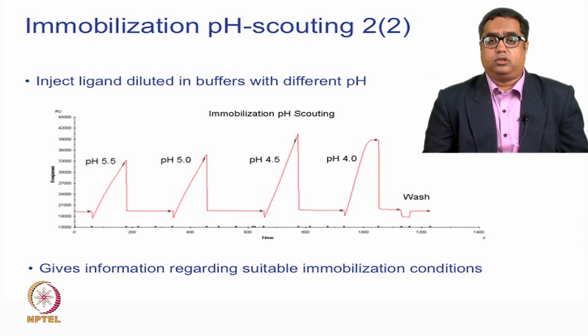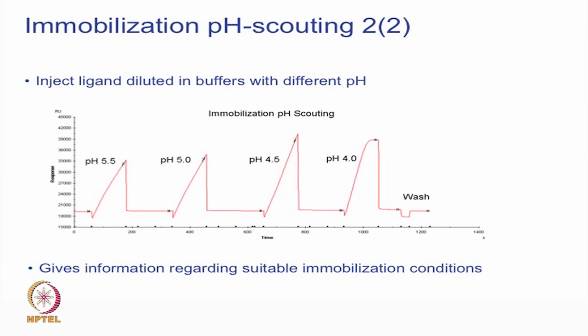And wherever the pH is good enough for the immobilization, we go ahead and do immobilization in that particular range. In most cases, proteins are generally immobilized in 10 millimolar sodium acetate buffer pH 4.5, but this is a general assumption.